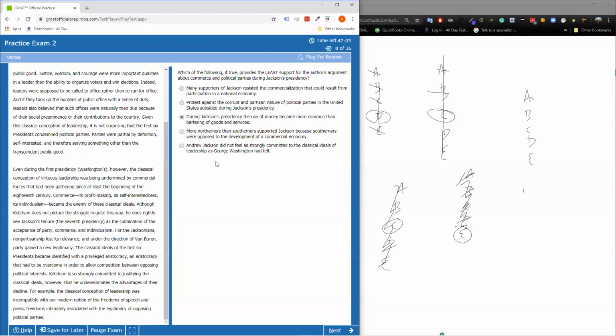So that's consistent with it. Andrew Jackson did not feel as strongly committed to the classical ideals of leadership as George Washington had felt. I'm actually going to go with B because they should have gone up if free speech.